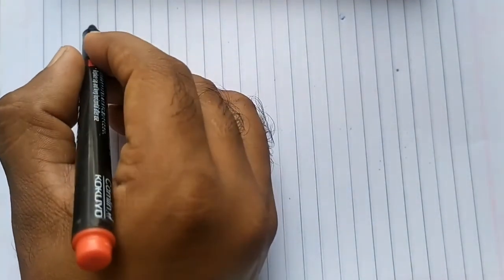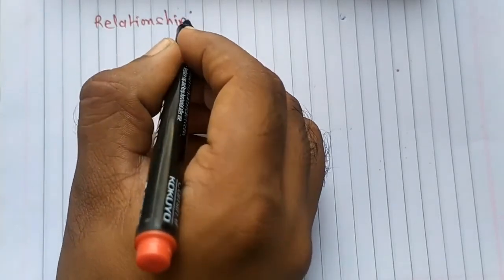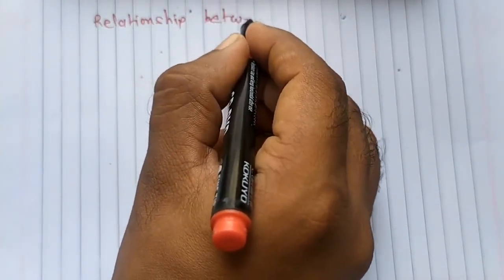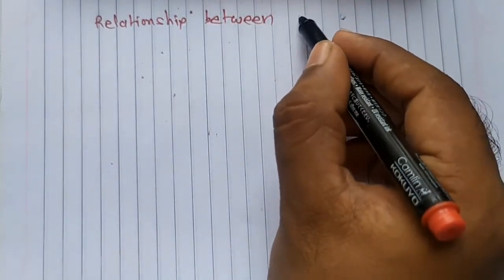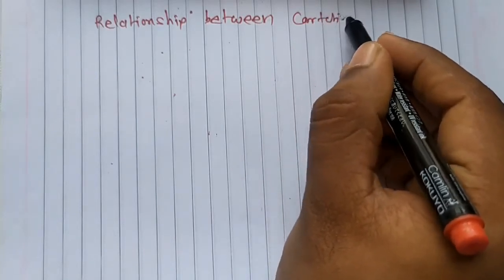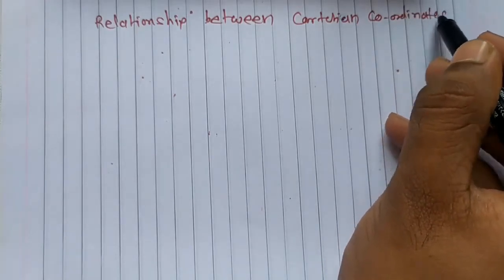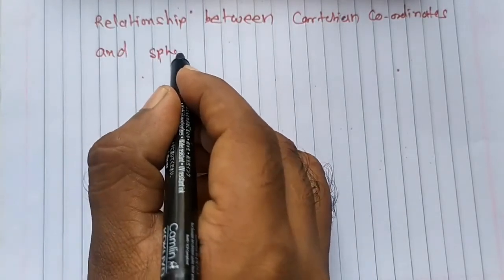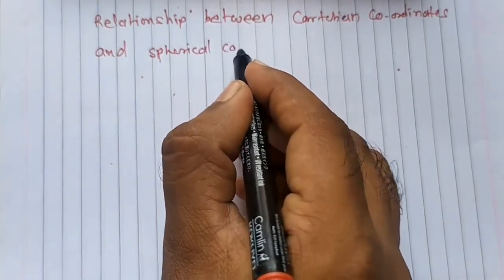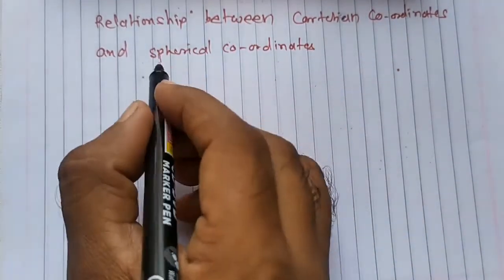Our next point is the relationship between Cartesian coordinates and spherical coordinates. Which are the Cartesian coordinates?